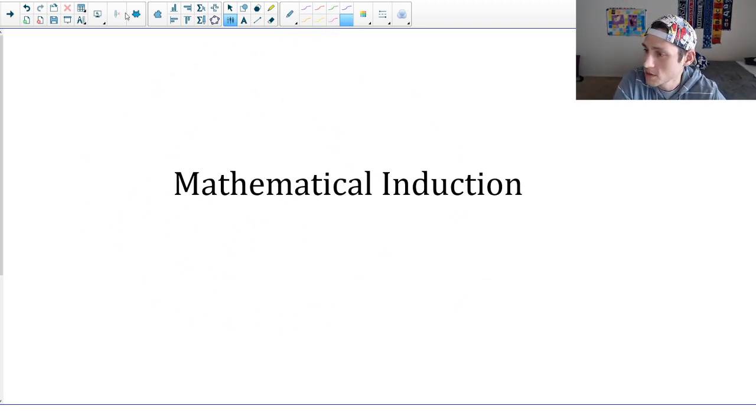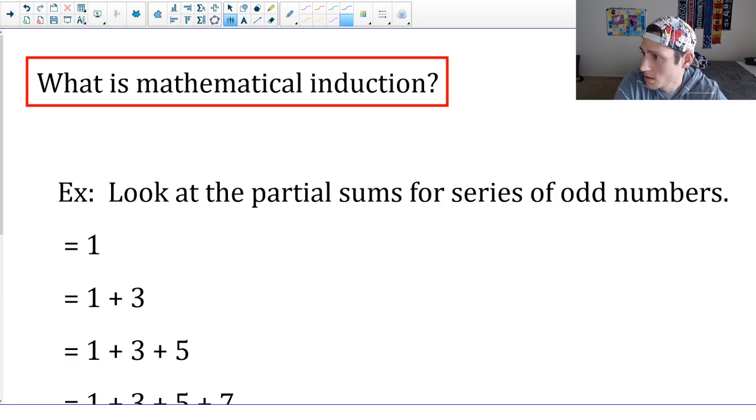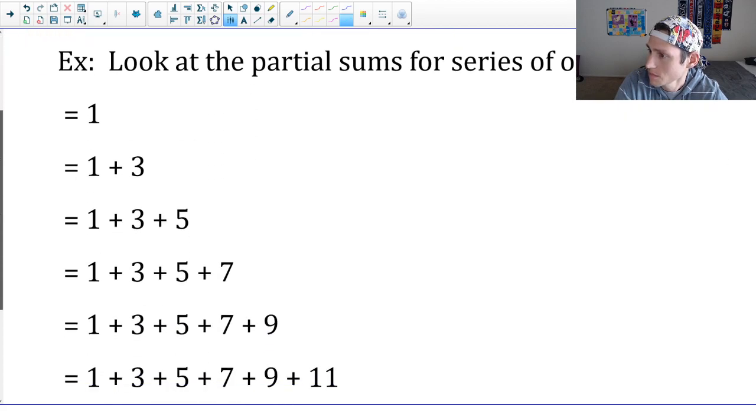So, mathematical induction. So what is mathematical induction? Well, let's take a look at an example.